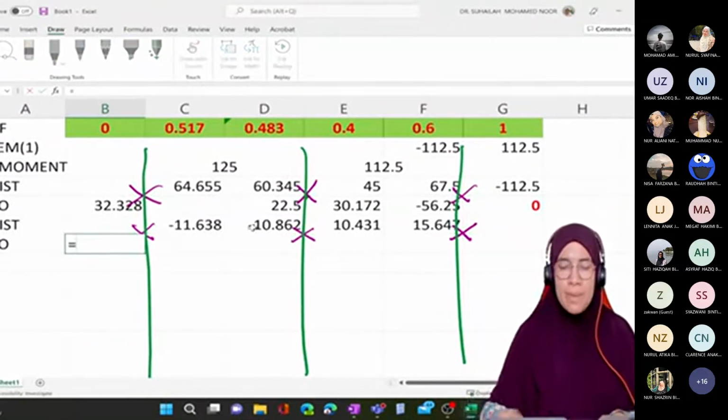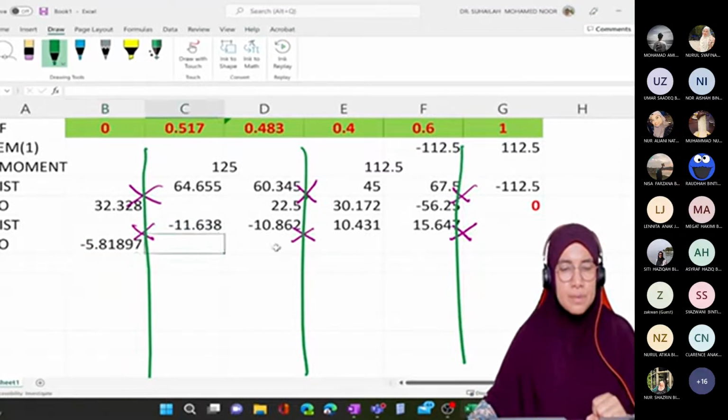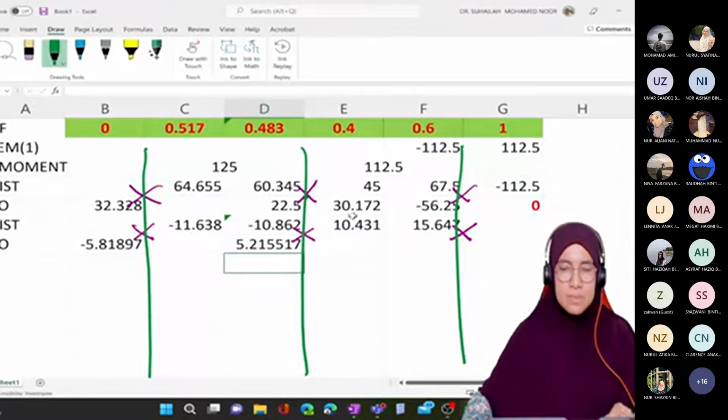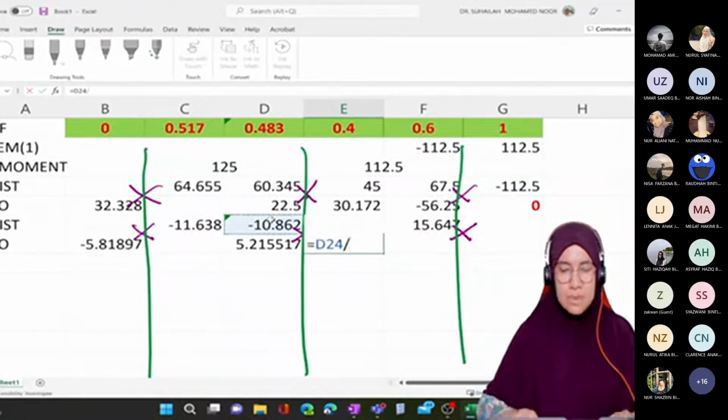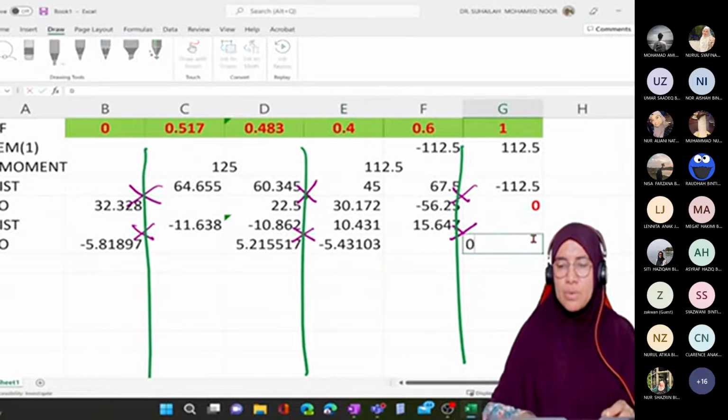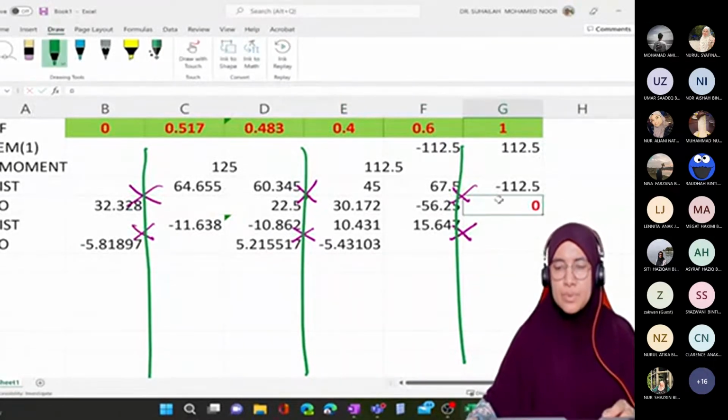Okay, so we divide by 2. When we carry over, we cross the boundary. But this one equals 0.